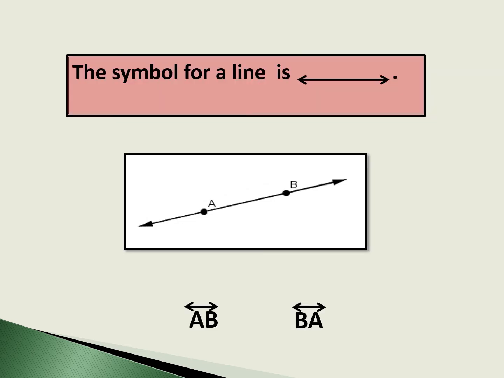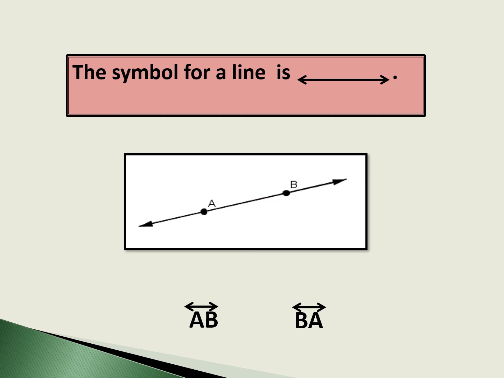The symbol for a line is a straight line with two arrow heads, one at each end. A line has no beginning and no end, so it has no endpoints. It is named by using 2 points on it. The arrowhead in the symbol shows that the line goes on and on.